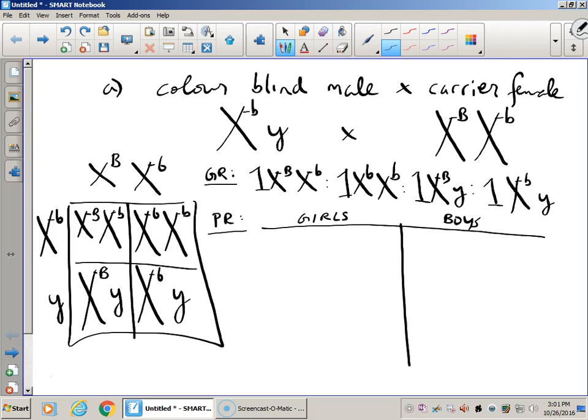Even though it's going to go 50-50 in either case, this is a good thing to do because you'll see in the next question that that's not always the way it goes. So 50% of daughters are going to have normal vision, and 50% chance you're going to be colorblind.